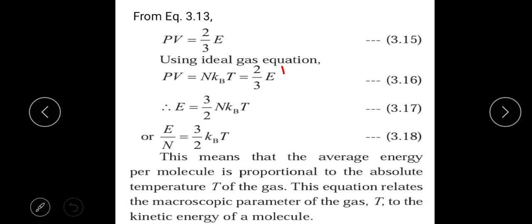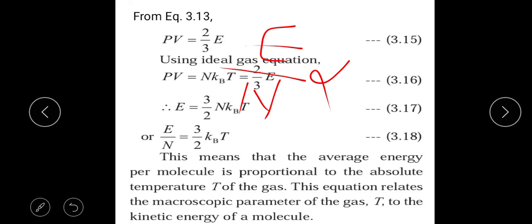Taking the N to this side, E upon N is equal to 3 upon 2 kB T. This means that the average energy per molecule, E upon N, is proportional to the temperature T of the gas.